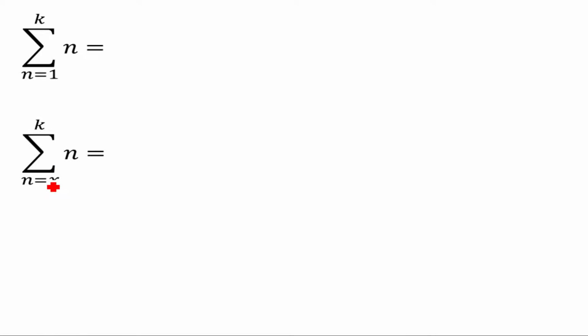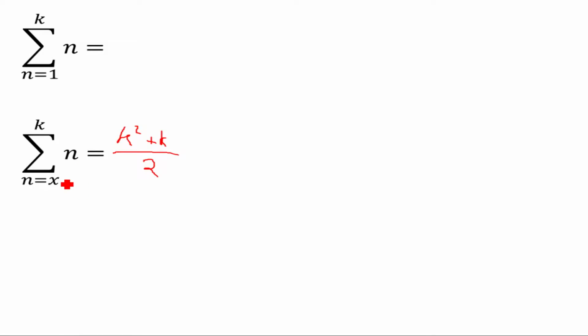So, going from any number to any number following a rule of n, how do we come about working that out? Well, you might have guessed, or maybe you might work it out if you pause the video now. You take k, square it, plus k, divided by 2.